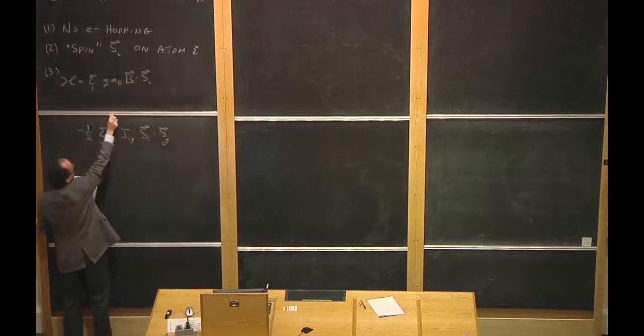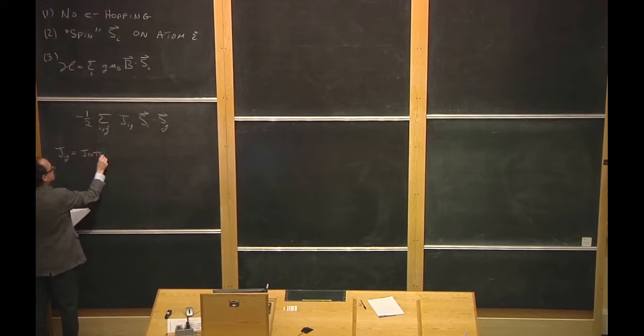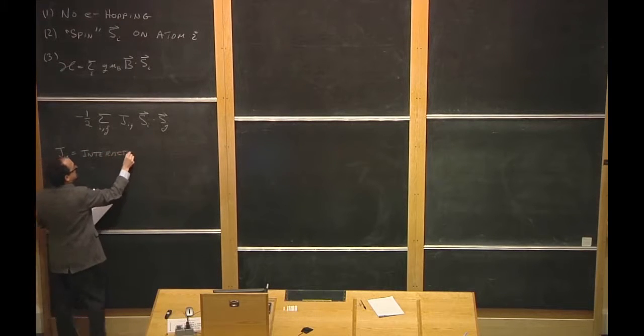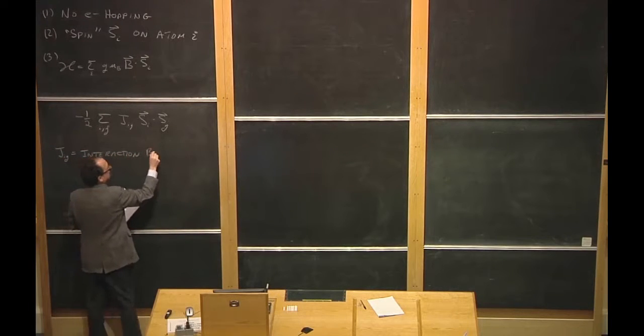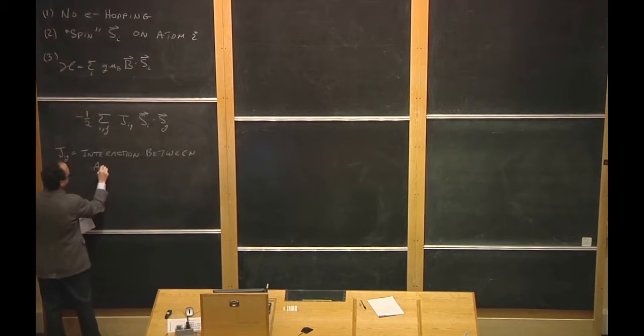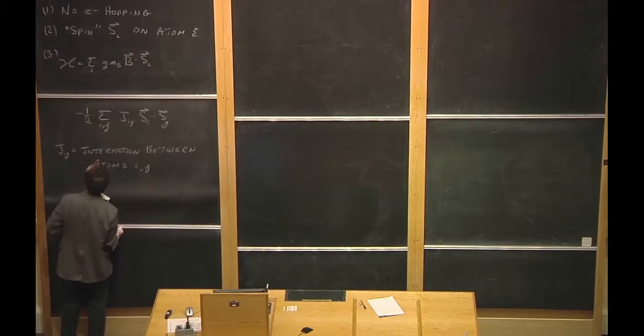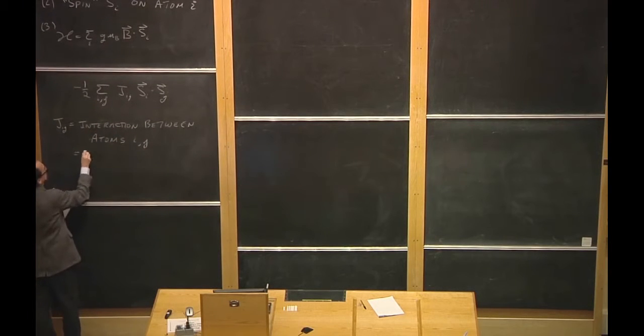This term here is an interaction term. J_ij is the interaction between atoms i and j, and we will set J_ij equal to J_ji.